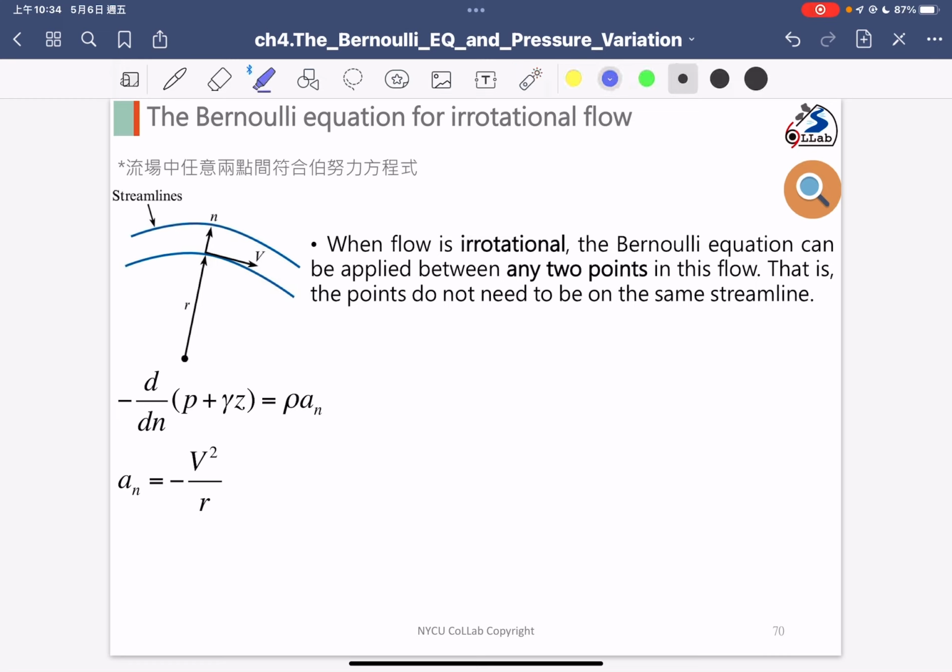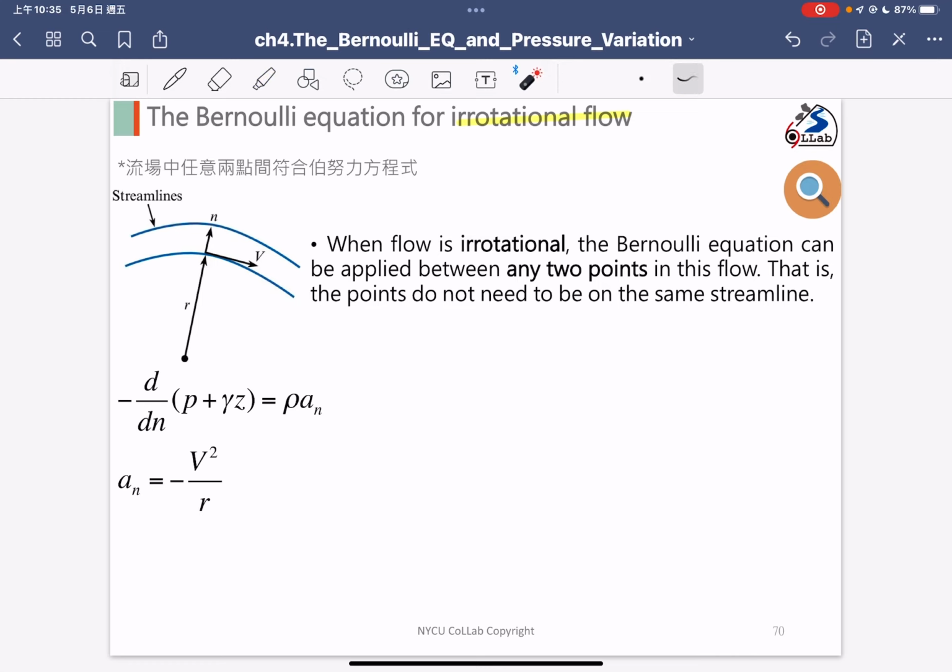We are looking at the Bernoulli equation, but for irrotational flow. In the previous slides of the class we taught you the Bernoulli equation, but in all of those we assumed you pick one streamline, and two points on the streamline satisfy the Bernoulli equation. But how about if we change the flow conditions?